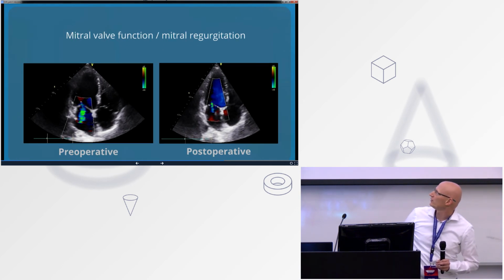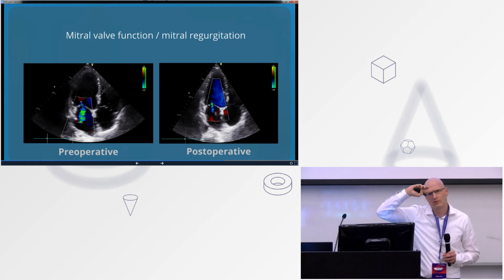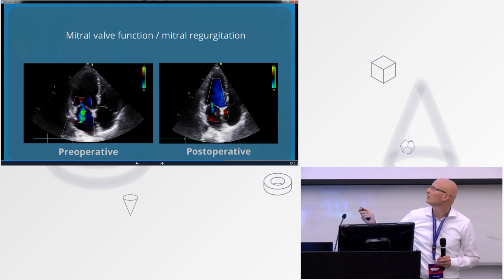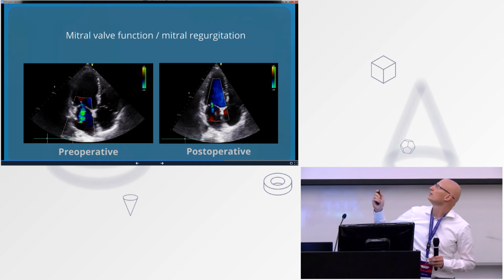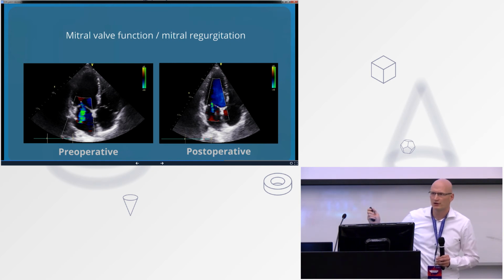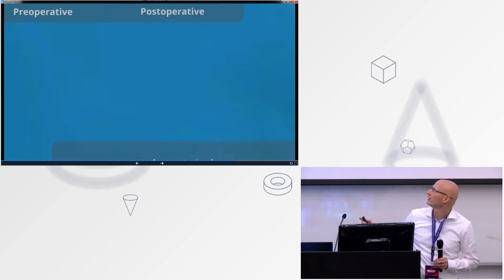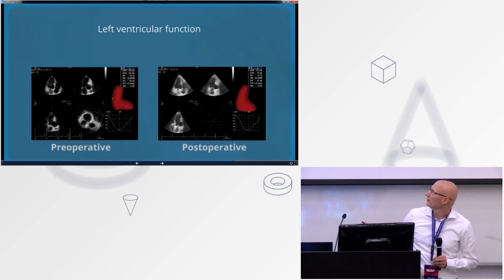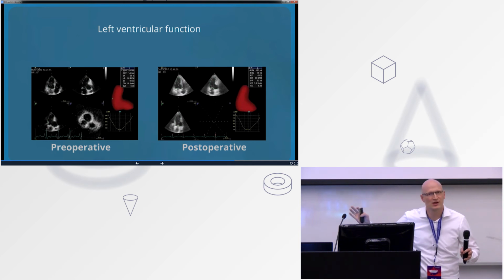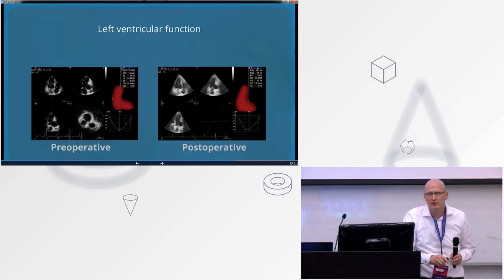This is a preoperative picture, with moderate mitral regurgitation in that patient. And here we have only trivial mitral regurgitation. And the postoperative echo showed a dramatic improvement of the left ventricular function.